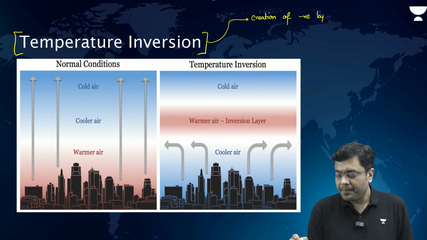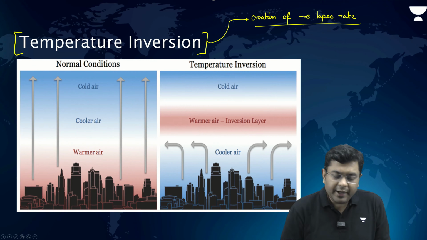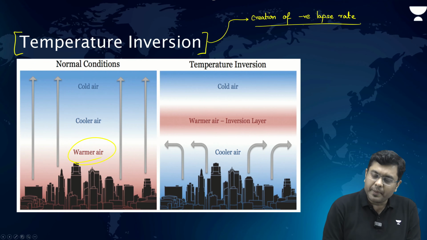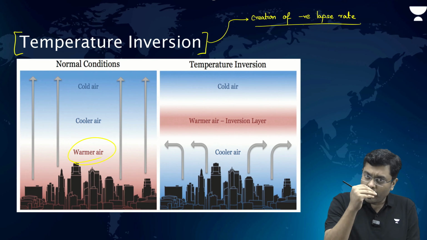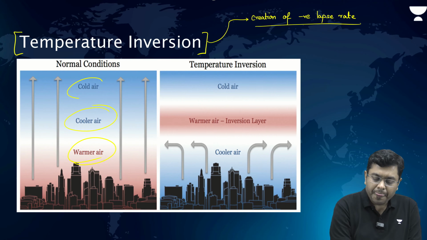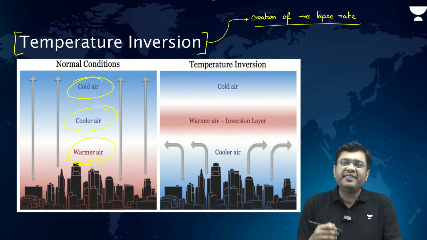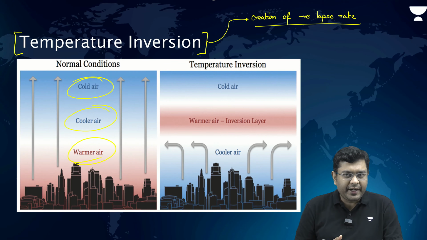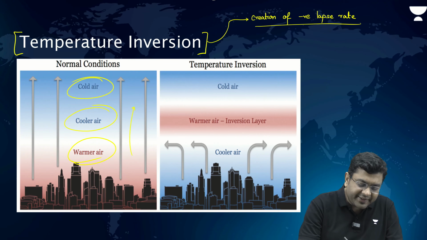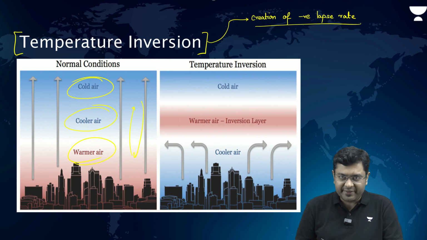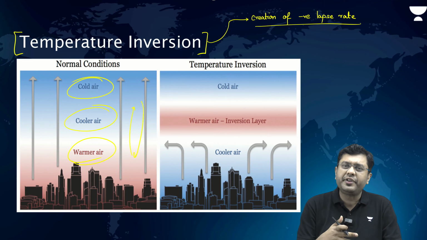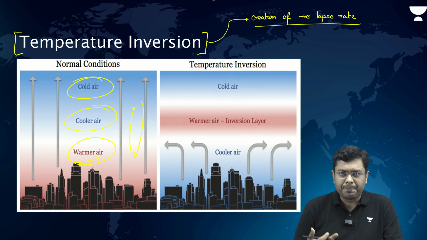As you can see, under normal conditions, warmer air is at the bottom and on top of it you have cooler and cold air. Warmer air will always have a tendency to rise up. Cooler air will always have a tendency to sink down. So, there is a natural vertical mixing of air, due to which the pollutants and various other discrepancies in the air also get mixed up.